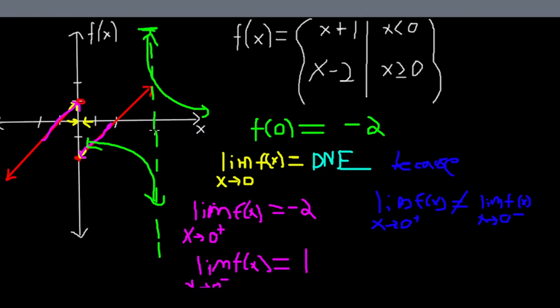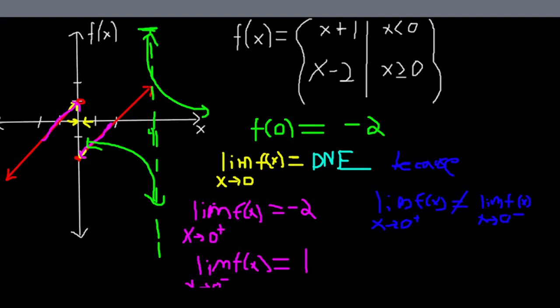So let's let this be 4. If you want to look at the limit of g of x, this green thing, as x approaches 4, right? You could say infinity, or you could say negative infinity. So it doesn't exist because infinity doesn't equal negative infinity. So that's one thing, because it's going in both directions.